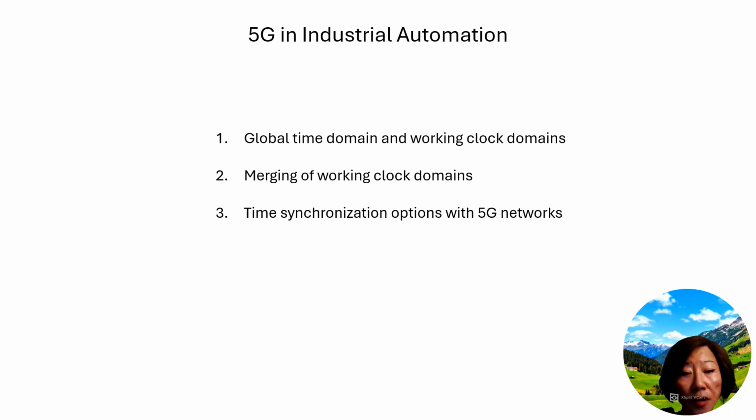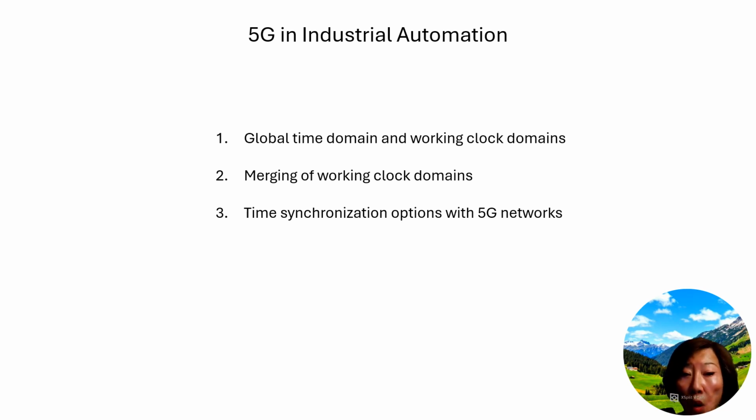5G in industrial automation. The global time domain typically uses a reference like GPS time or the IEEE 1588 Grandmaster Clock time. Working clock domains might be synchronized to a local reference, such as a specific machine's clock. The 5G system needs to transport timing information for both types of domains.